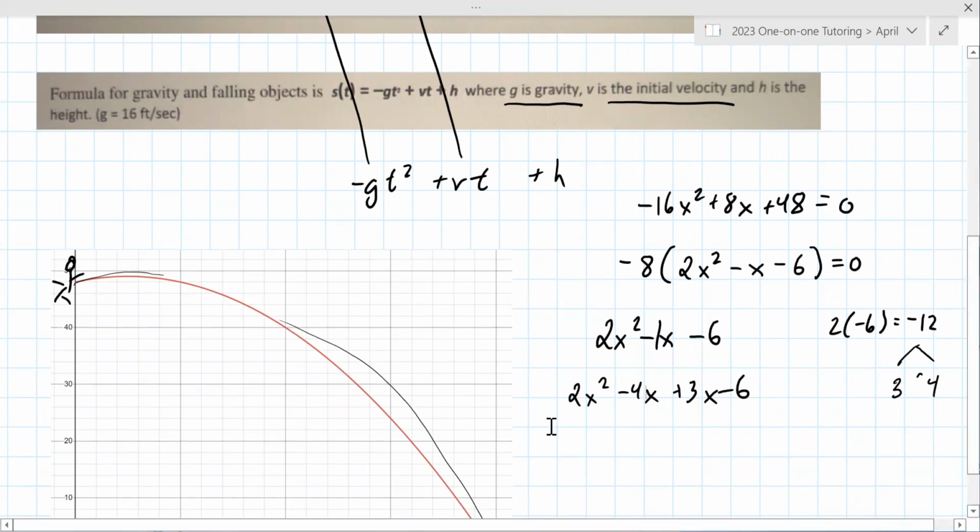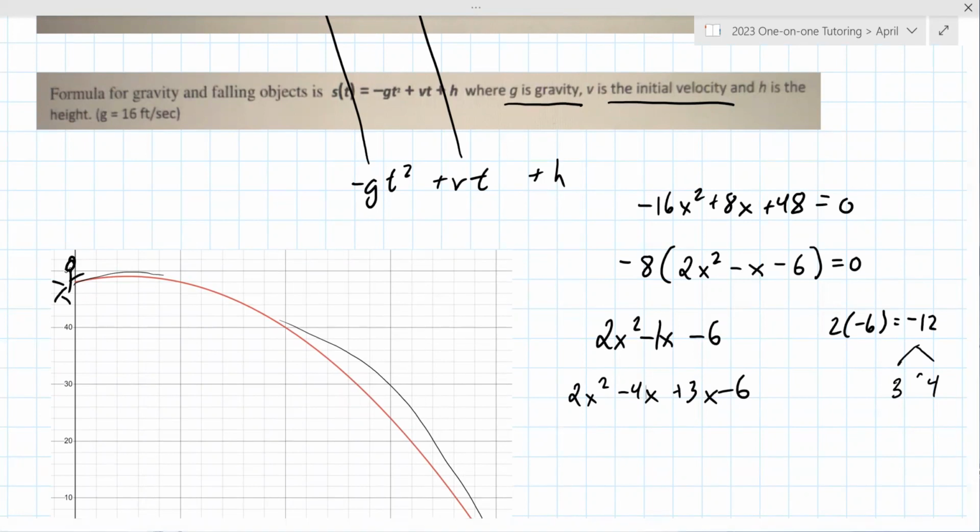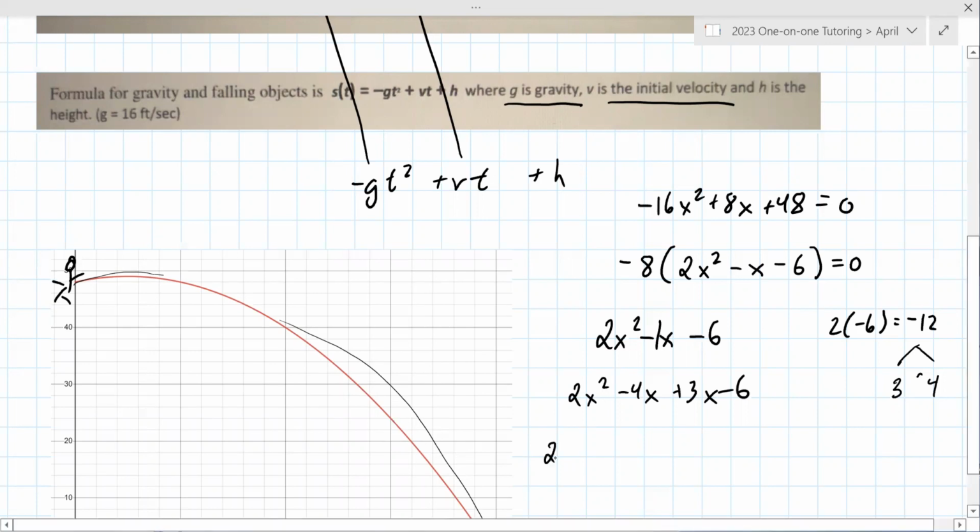Yep. What would that be? 2x. Okay, so it becomes x minus 2 and x minus 2. What goes in between them?